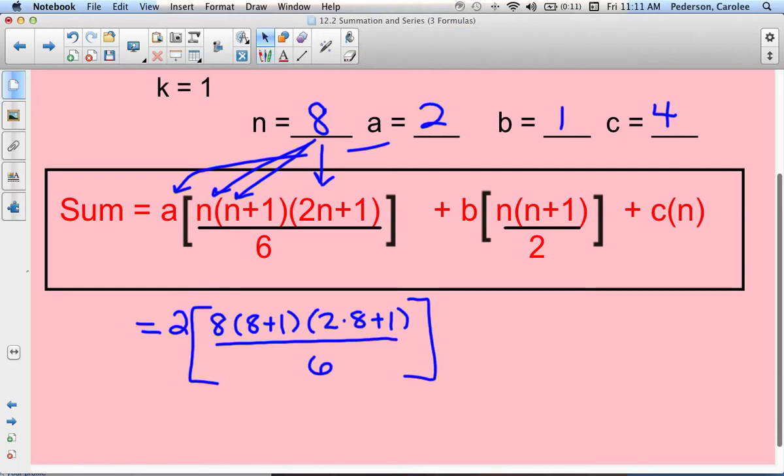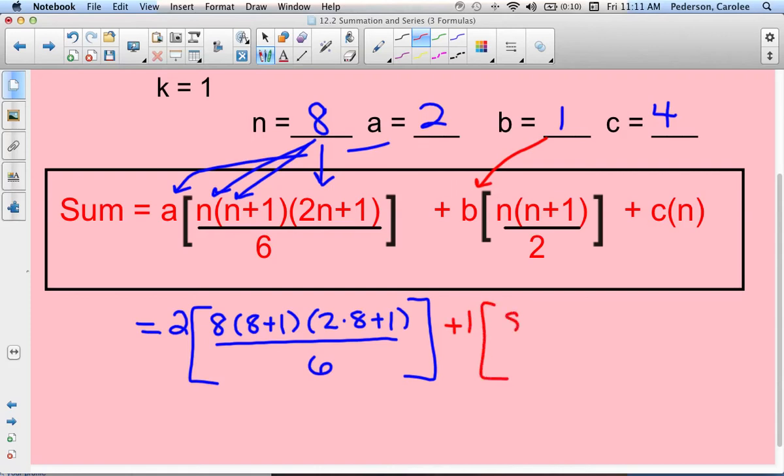I'm just going to change colors here. Now we're going to do the b. So the b is going in here, plus b. And now 8 again goes in for n, over 2. And then last one, change again, plus c. So c is 4, and then n is 8.